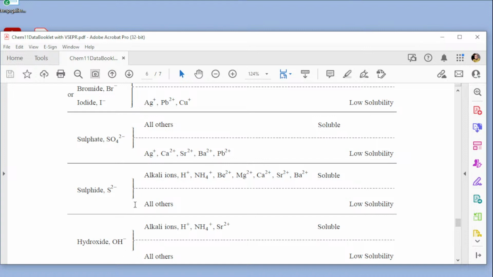Fluoride or... Okay, let's start with this. So those are 1, 2, 3, 4, 5, 6, 7, 8, 9, 10. Do we have 10? No? This is 2. Where's chromate?